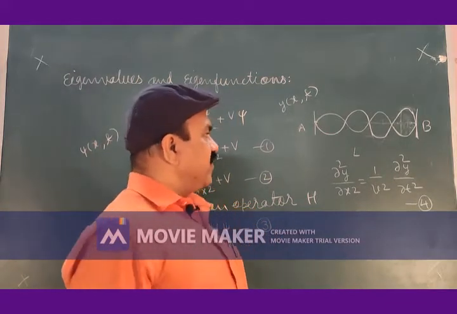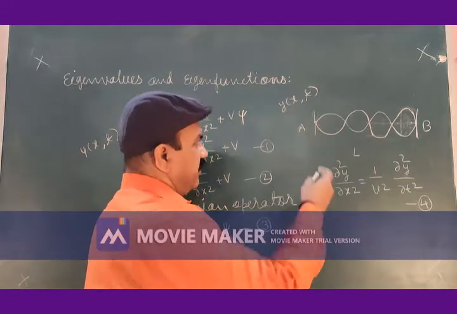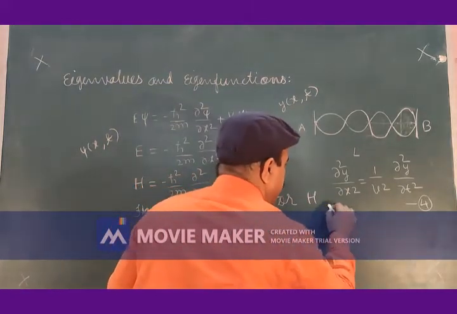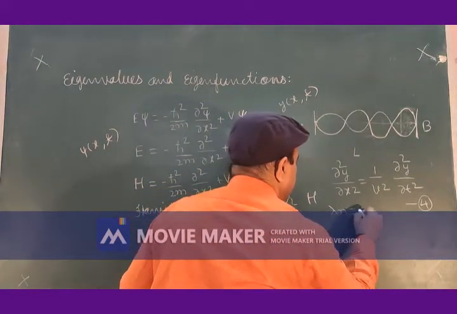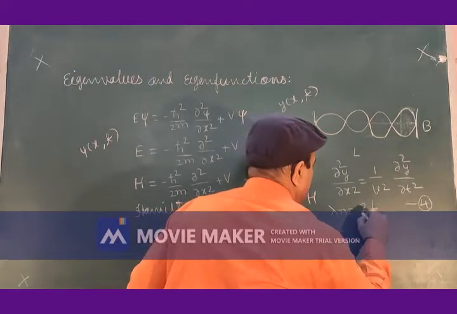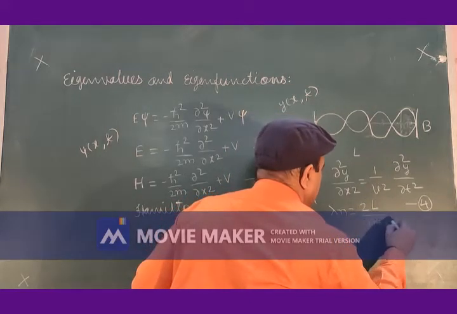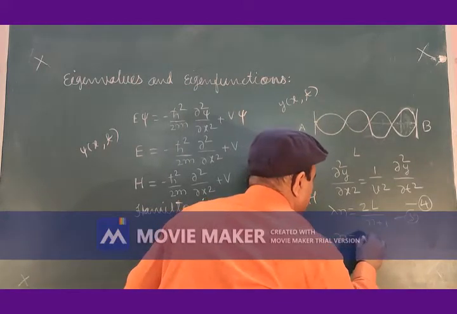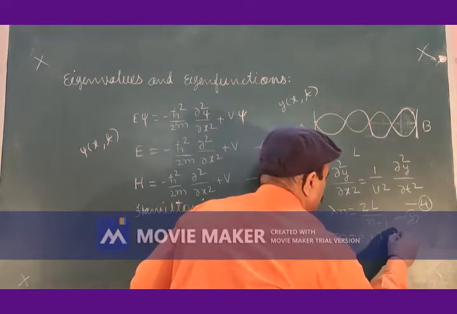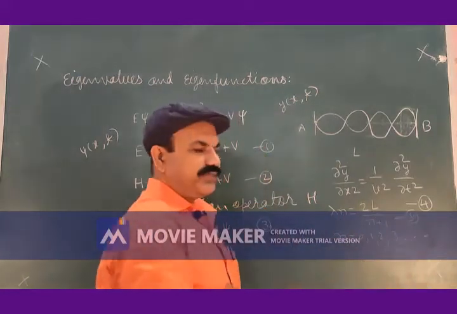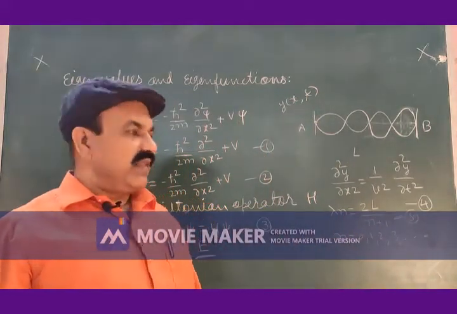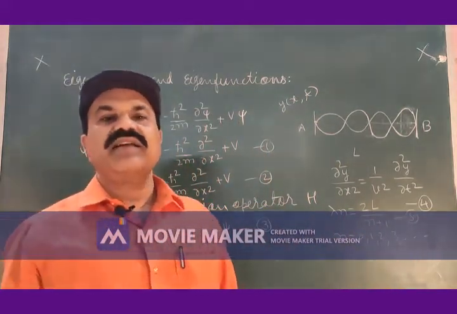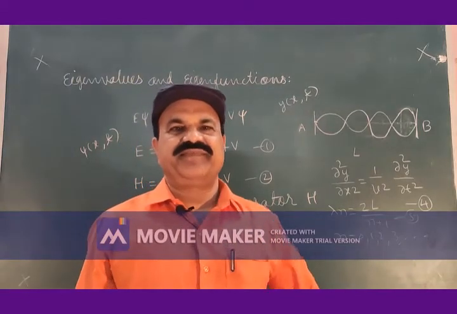And if we find the solution for this, for the wavelength, the solution will be λn = 2L/(n+1), equation number 5, for n = 0, 1, 2, 3 and so on. Wavelengths are quantized.